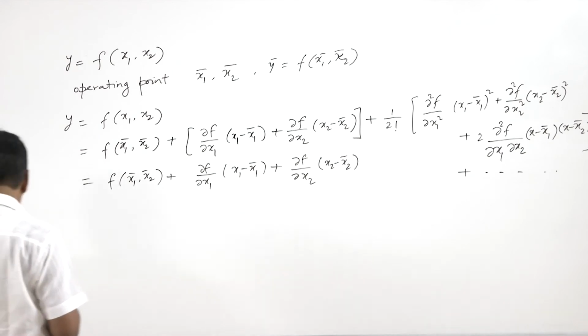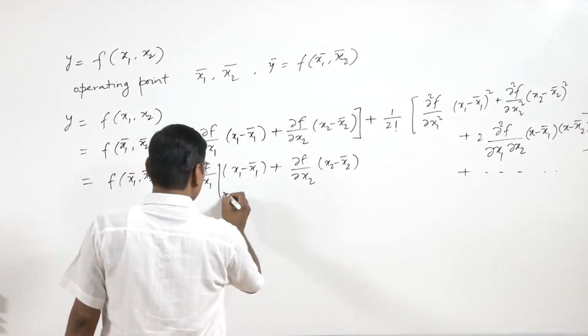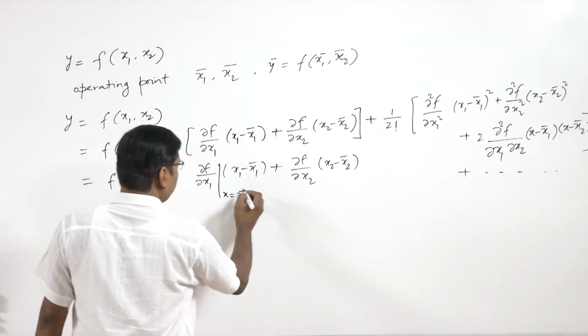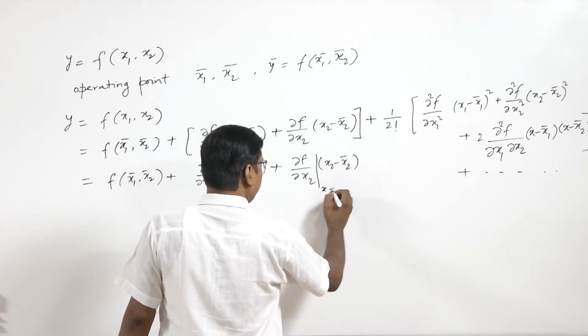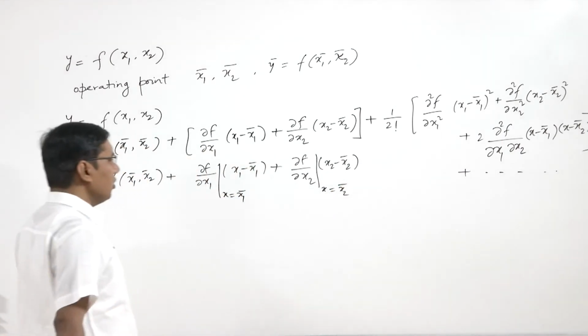Now this del f by del x1 should be evaluated at x1 equal to x1 bar and del f by del x2 should be evaluated at x2 equal to x2 bar.